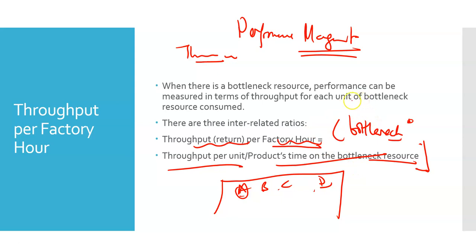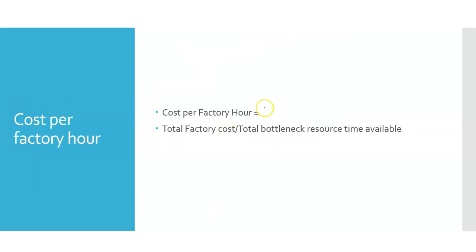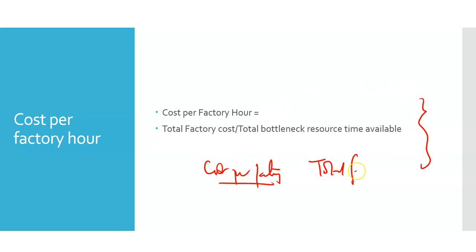And if we're just in the one factory and that's all we're comparing, that's enough, ultimately. But there is another measure referred to as the cost per factory hour, and this says what are the total factory costs driven by this resource in terms of hours.